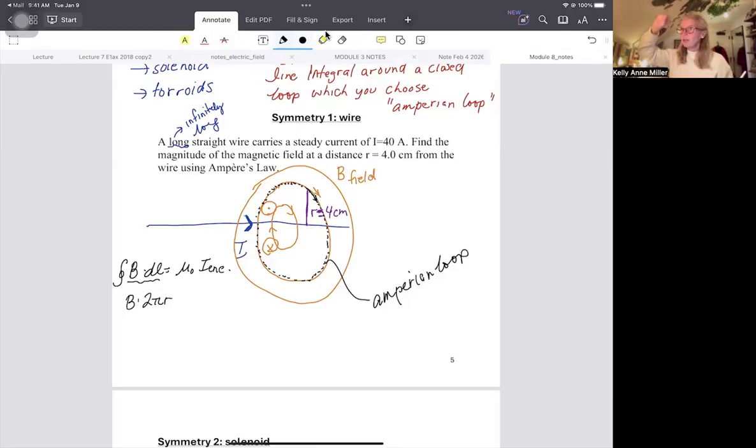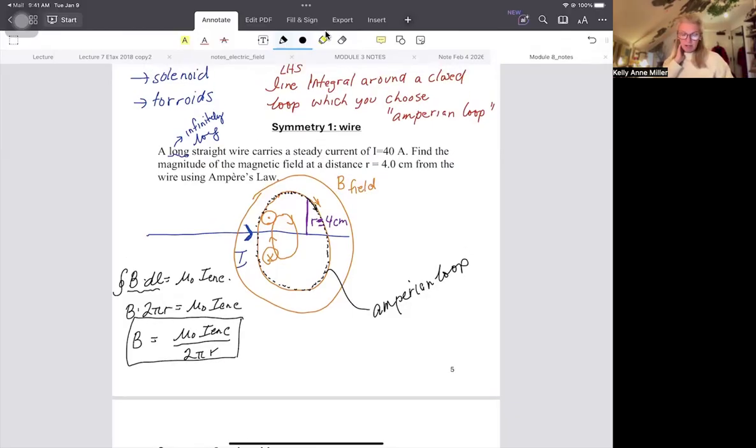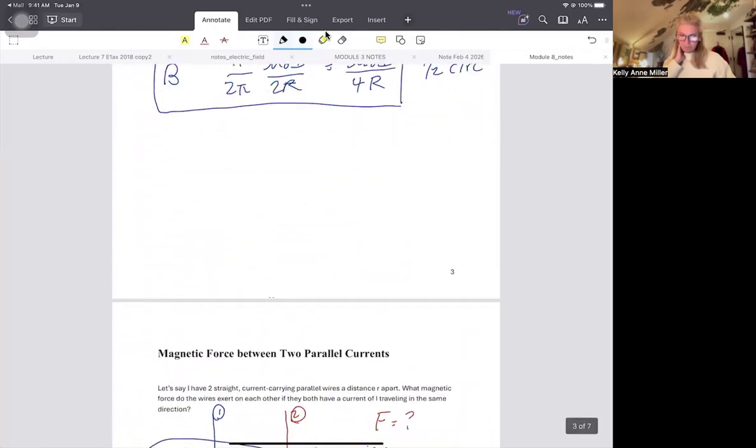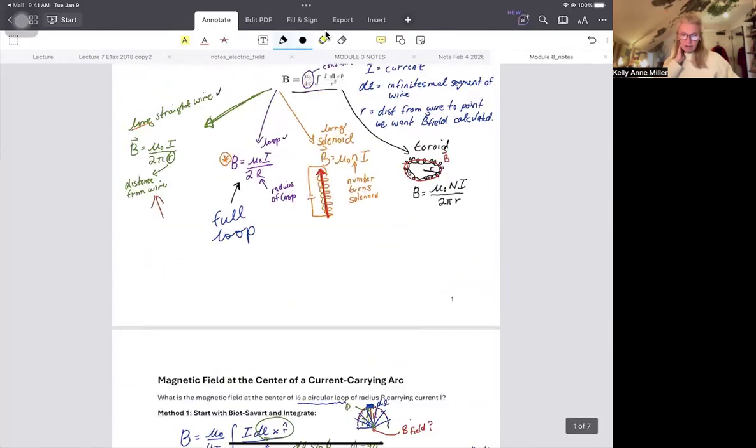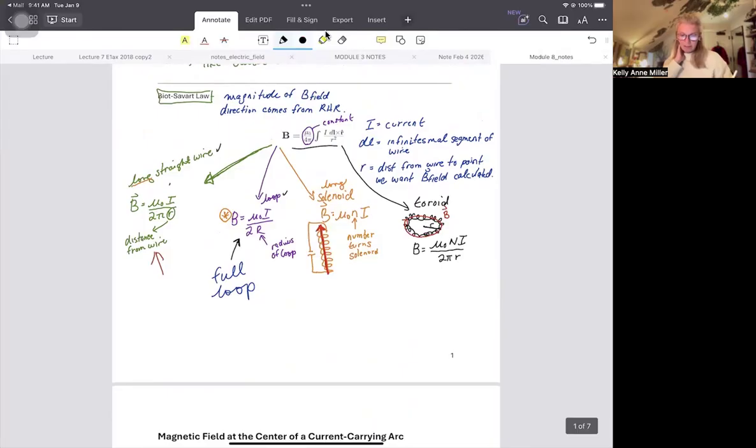So that's 2 pi r, if I go around the perimeter. And that's going to equal mu naught I enclosed. Now I solve for B. So B is mu naught I enclosed divided by 2 pi r. And that is the same equation that we had way up here. It's the same equation here.